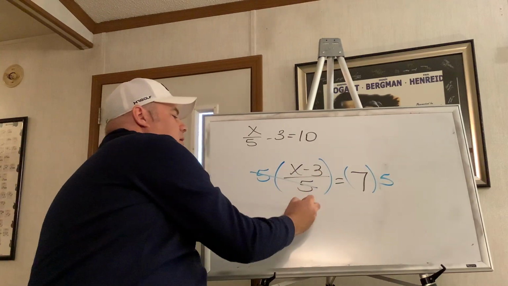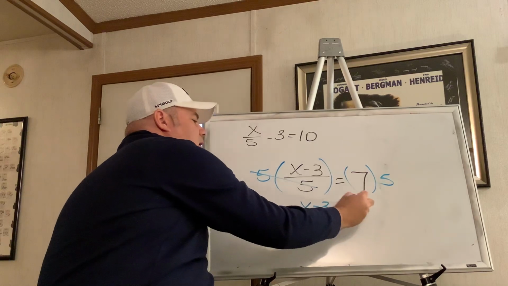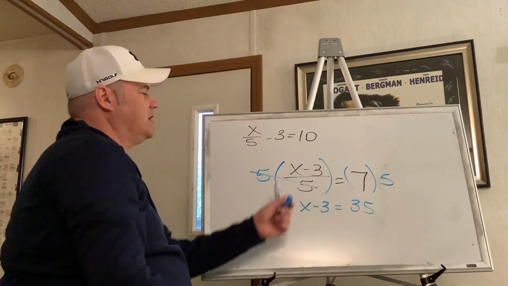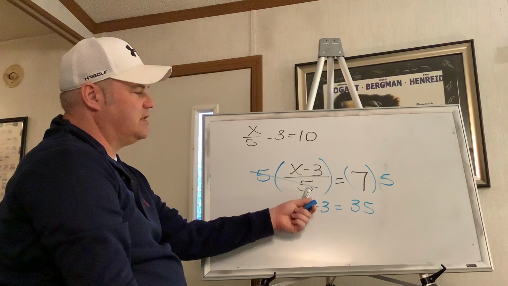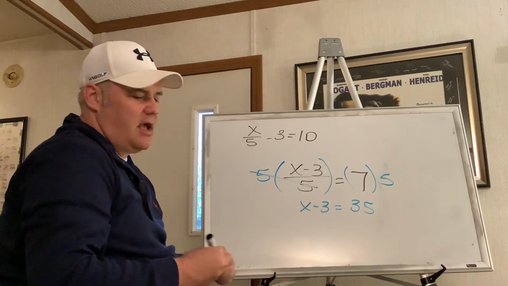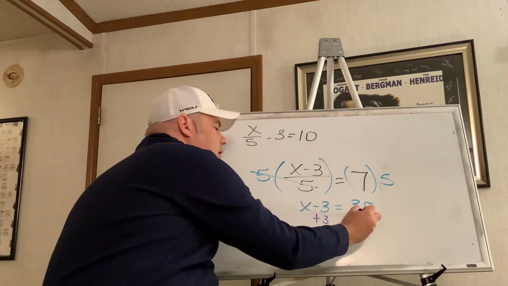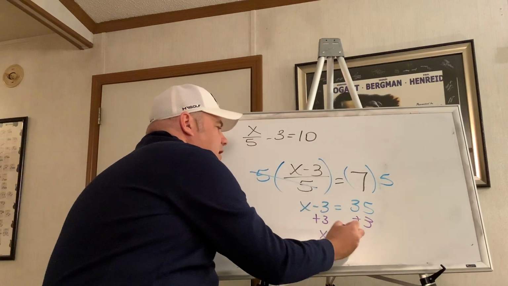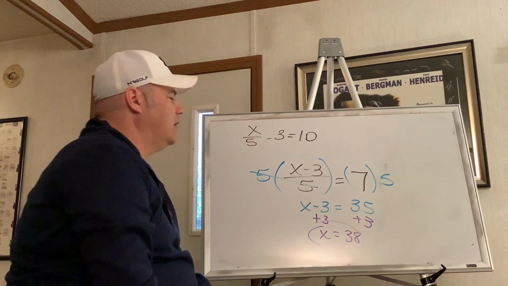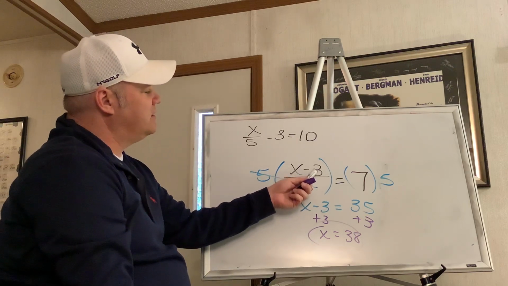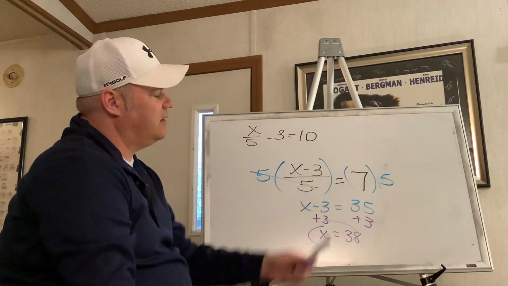Instead of starting out with adding 3, because it's part of that fraction, that'd be 3/5. We don't want to mess with the fraction. And then the last step that you can do is add 3. And x is 38. Okay, plug it back in. 38 minus 3 is 35. 35 divided by 5 is 7.